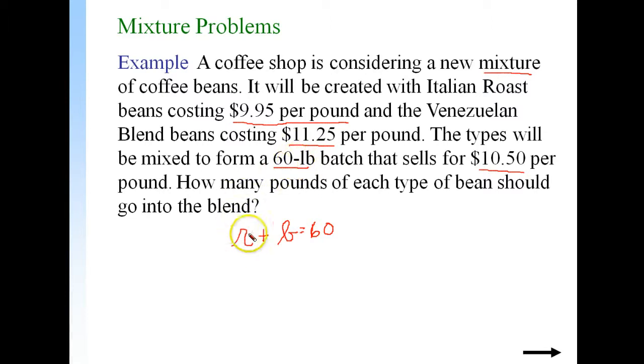Now, what does the roast blend cost per pound? Well, that cost 9 point. My pen was giving me a little bit of a hard time there. So again, there's the roast, there's the blend.